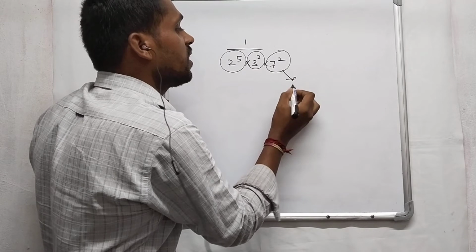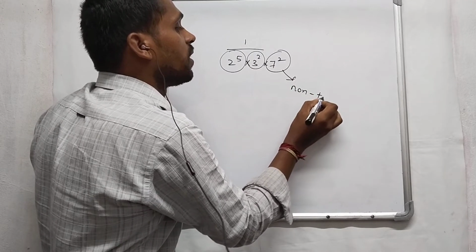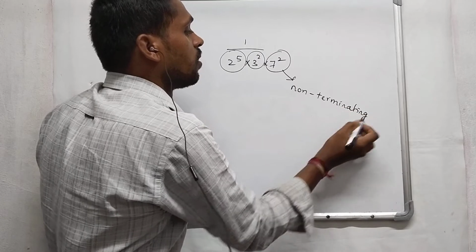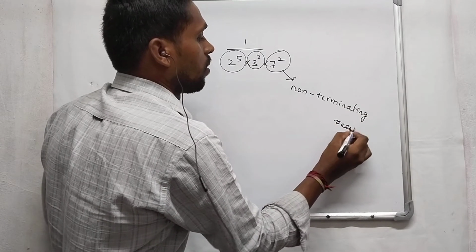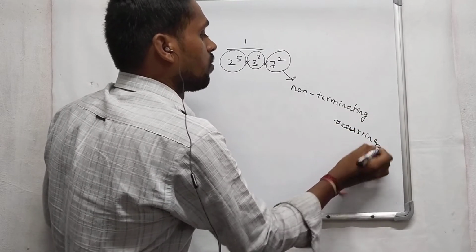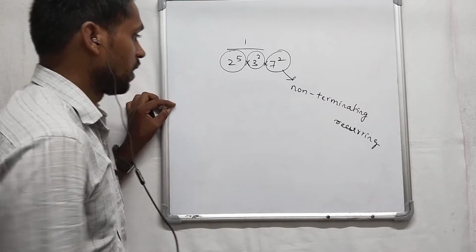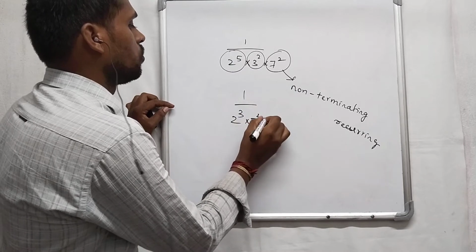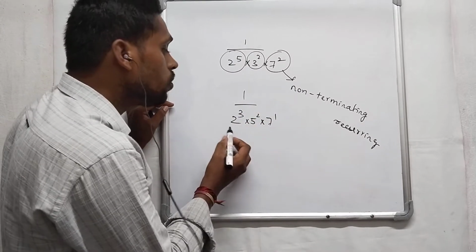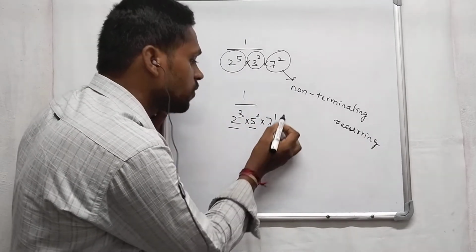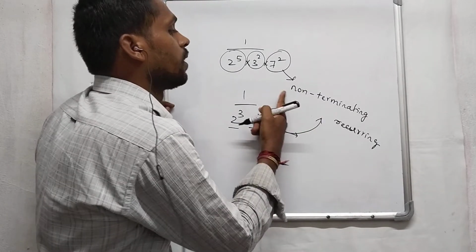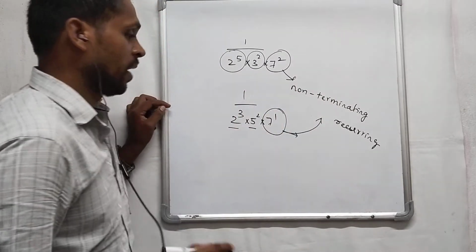So definitely it is non-terminating recurring. One more: 2 cube into 5 square into 7 power 1. Here 2 cube is there, 5 square is there, but what is extra? 7 power 1. So again we call this non-terminating recurring.